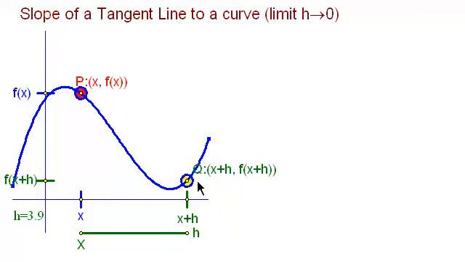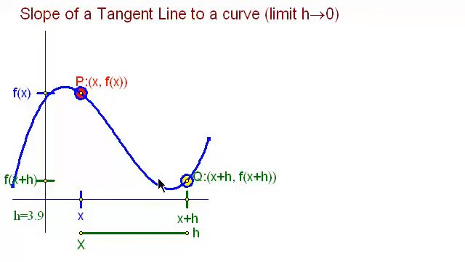I created another point, point Q, which is h unit away from the given point x. So the coordinate of the new point is going to be x plus h, because it is h unit away from the given point x, and the y value is going to be f of x plus h.